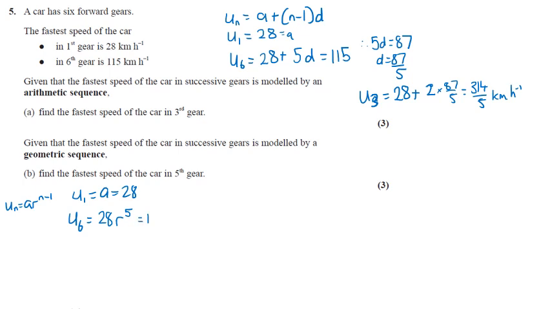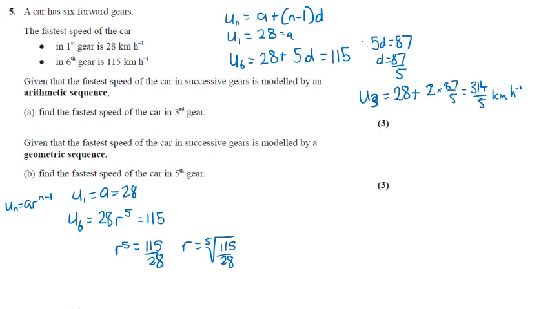And that's equal to 115. So r to the 5 then is 115 over 28. So r is the 5th root of 115 over 28.